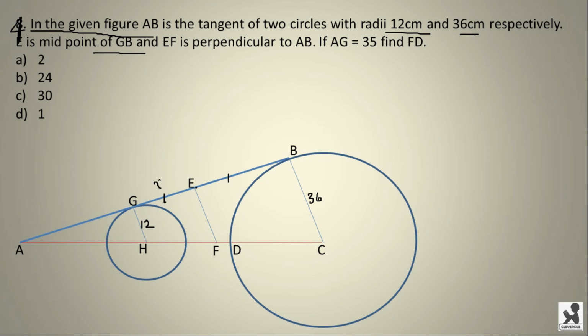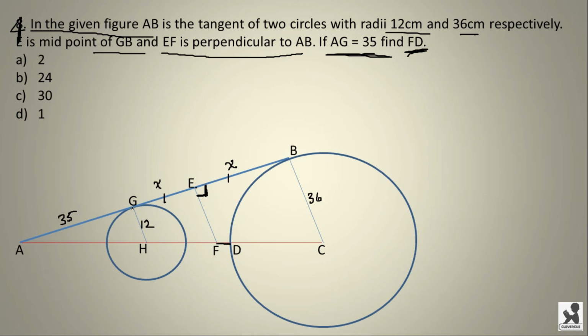If this is X, this is also X. And EF is perpendicular to AB, so this line is 90 degrees. AG is given as 35. We have to find the length of FD.